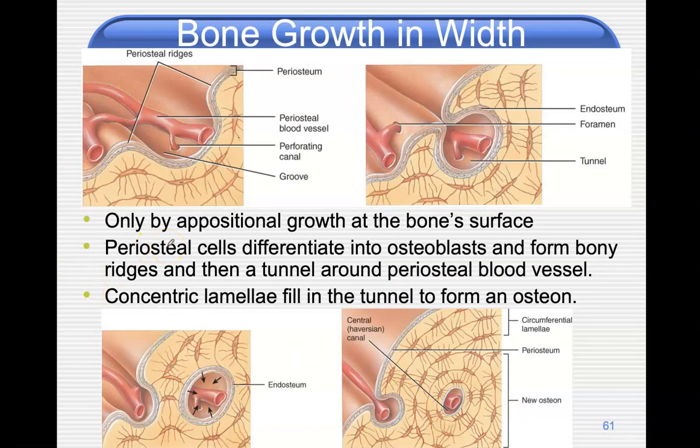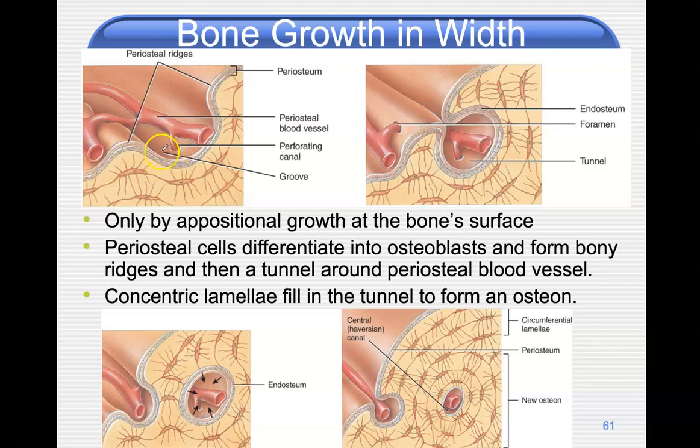So appositional growth is pretty simple. I'm not going to go too involved into this, but basically appositional growth only occurs at the bone surface, right at either the periosteum or the endosteum. What's going to happen is that in this case, we're going to see these little periosteal ridges form. The periosteal cells will differentiate into osteoblasts, because remember, you have mesenchymal cells here.